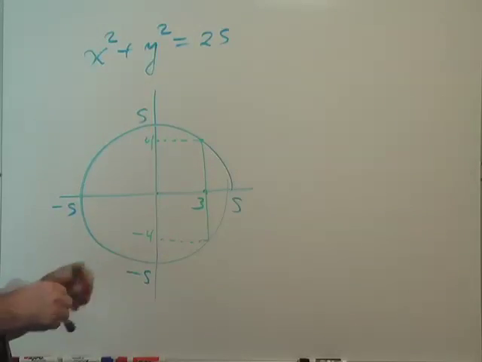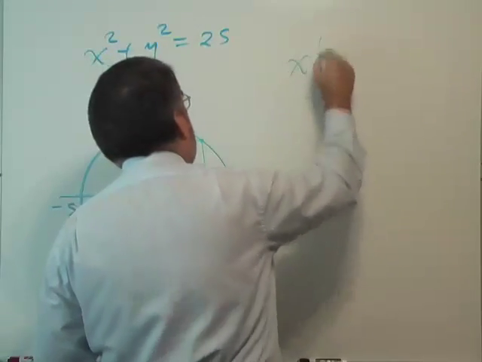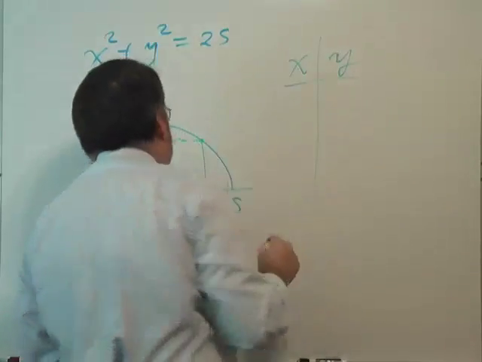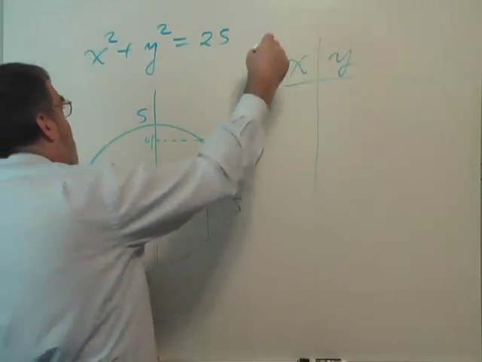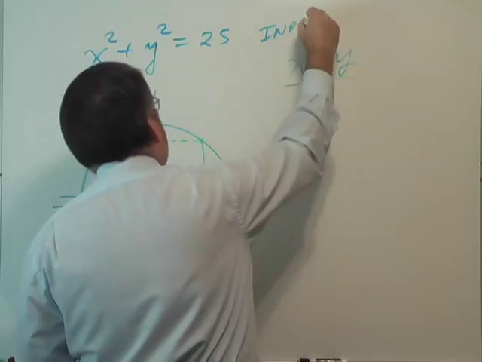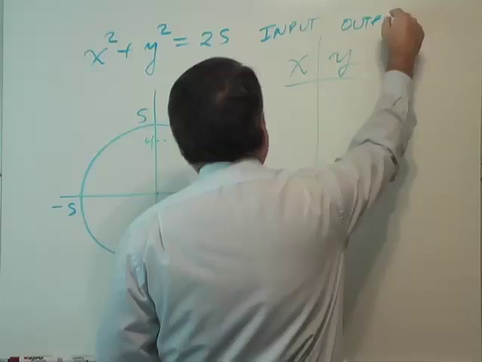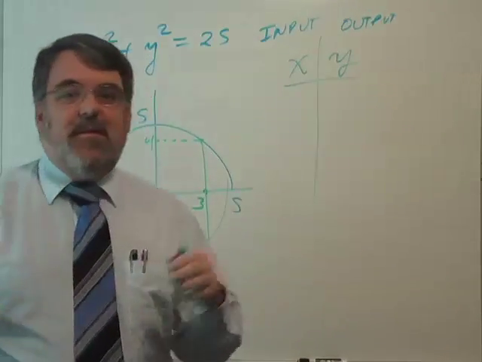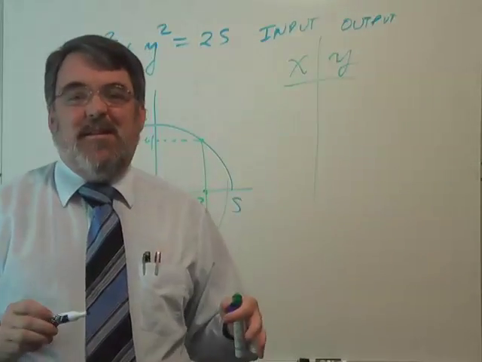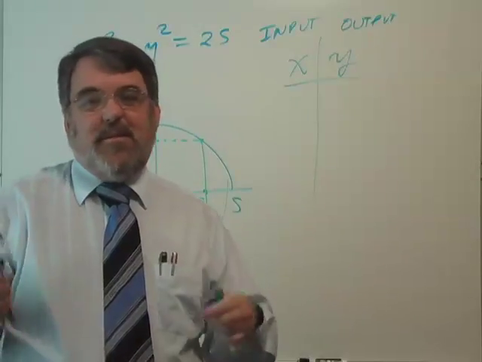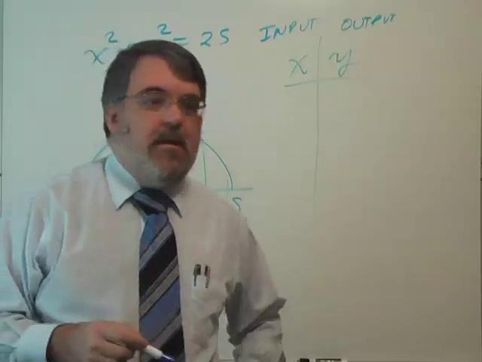Let me do that in chart form. So I'll draw a little XY chart. And again, input we're going to think of as x and output as y. You can loosen those definitions of input and output later, but we keep it simple here in algebra.